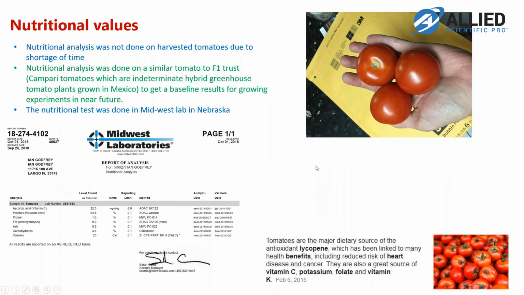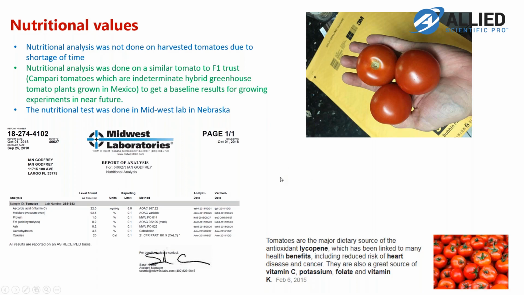Now, it would have been a really great idea to measure the nutritional values of these three different tomatoes, but it was not done, unfortunately, due to shortage of time. This was thought of after the harvest was done. But we wanted to pay attention to this issue, so we got a hold of some similar tomatoes just to have baseline values for the nutritional content.